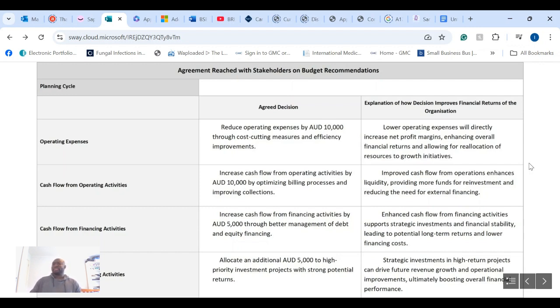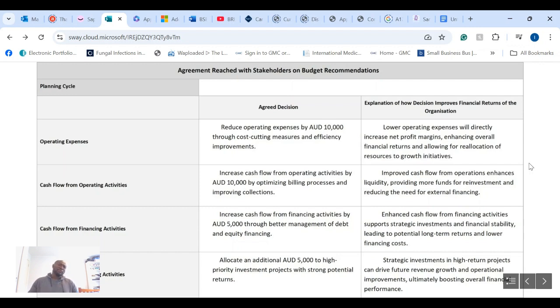We're going to lower operating expenses, and it will directly increase net profit margins, enhancing overall financial returns and allowing for reallocation of resources to growth initiatives.